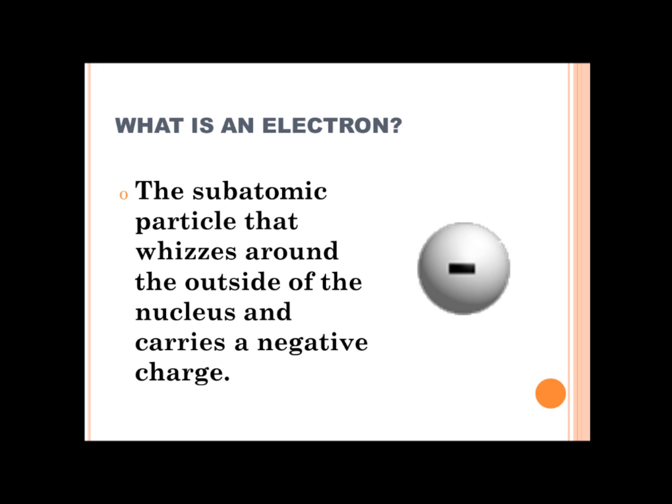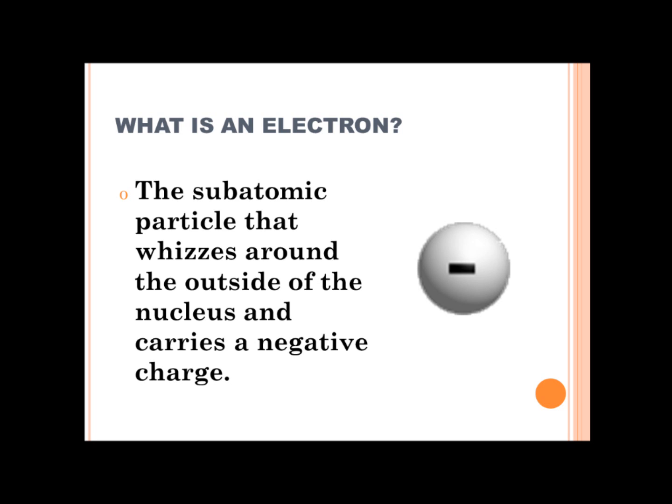So those are the big subatomic particles. Most of the atom's mass is going to be in the protons and neutrons. Now we're going to go to the electrons, but the electrons are very tiny, so they really don't have an effect on the atom's mass. So an electron is a subatomic particle that whizzes around the outside of the nucleus and carries a negative charge.